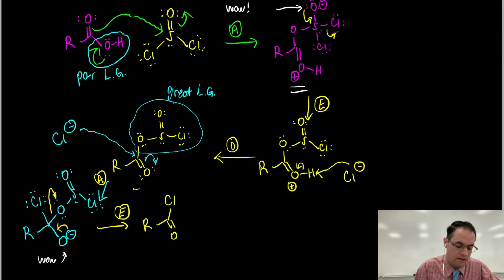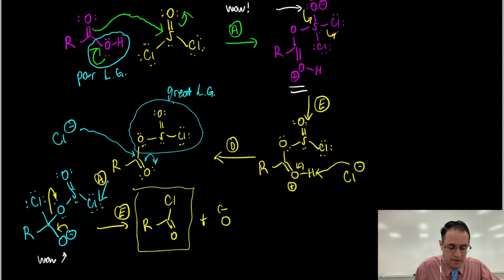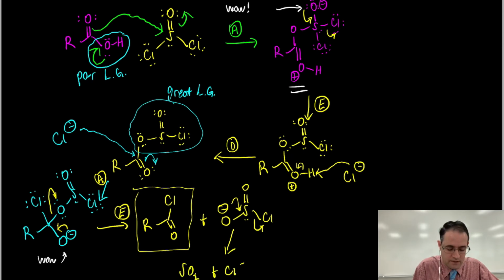So this is where you form the acid chloride. And we form this byproduct, which I won't draw all the lone pairs in there, but that goes on to form sulfur dioxide and chloride. So that's where the sulfur dioxide is produced. In this step right here, you form the hydrogen chloride.